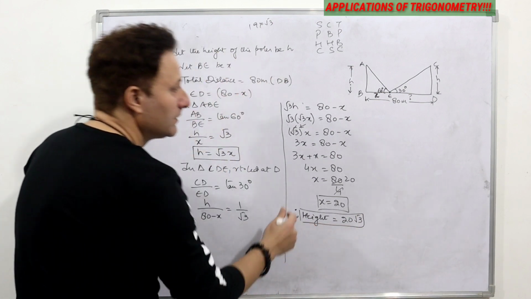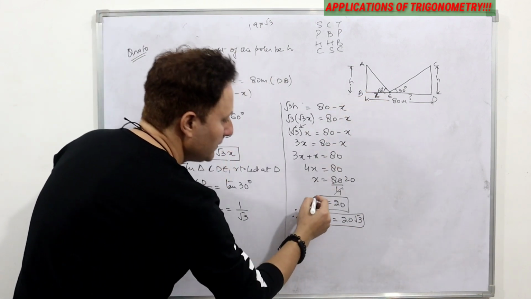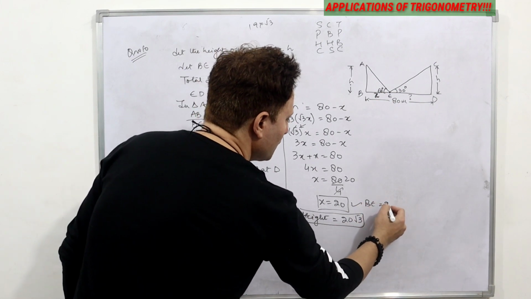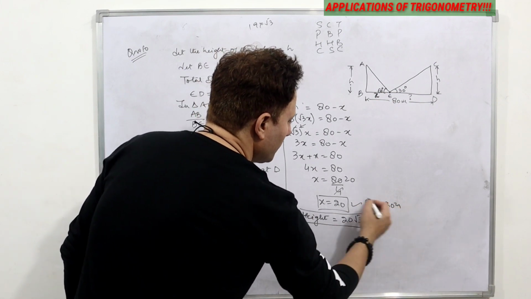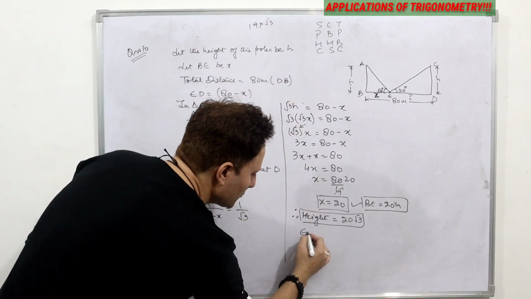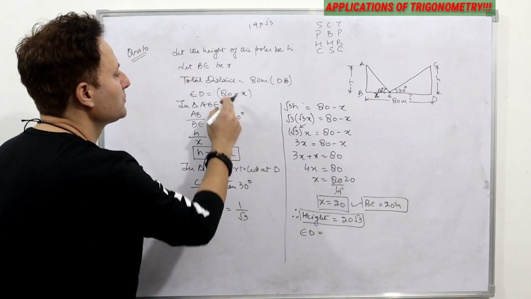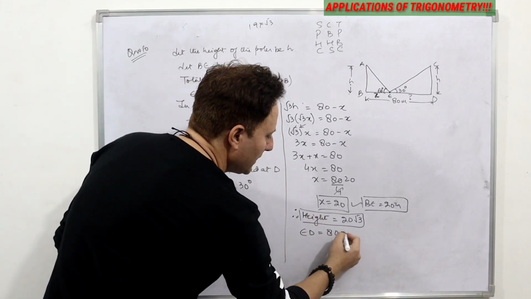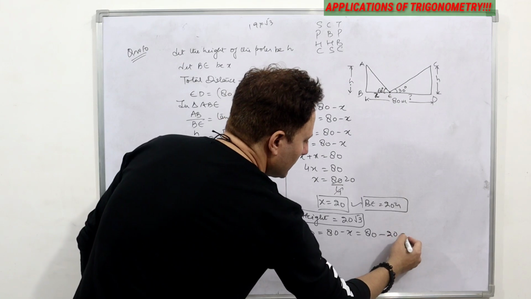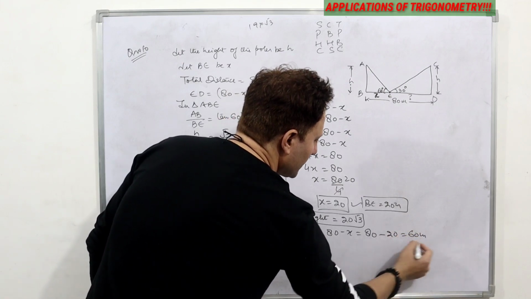And then BE, already we got the value of BE, that is 20 meter, and we have to find the value of ED also. ED is equal to 80 minus x, so that is 80 minus 20, that is 60 meter.